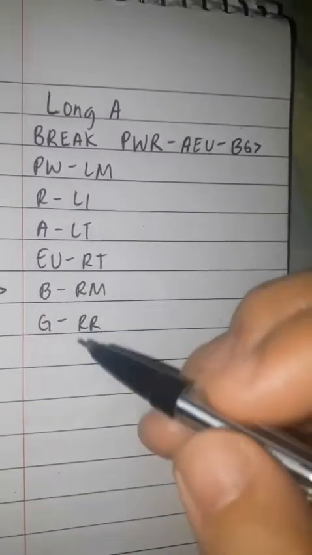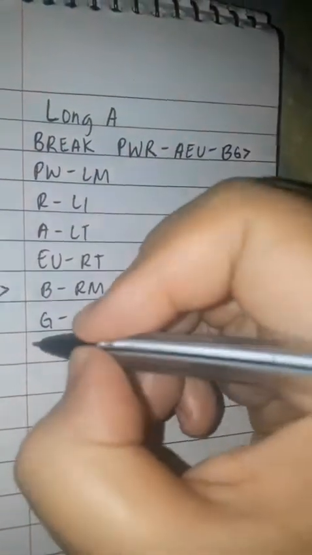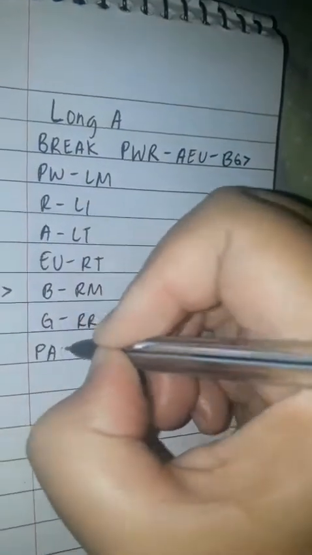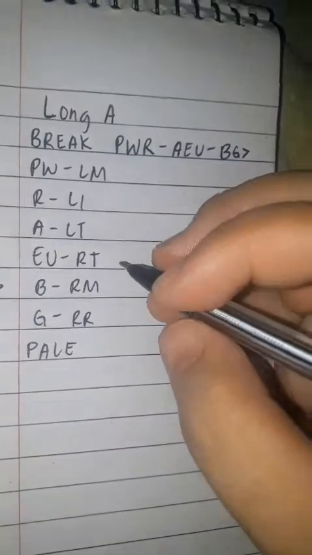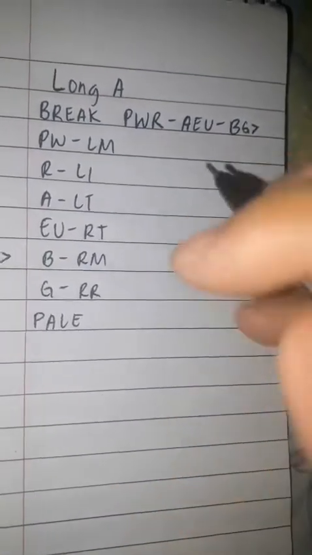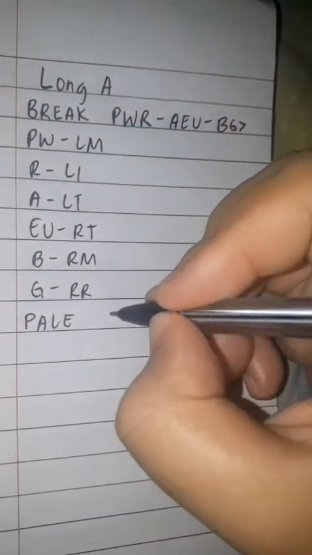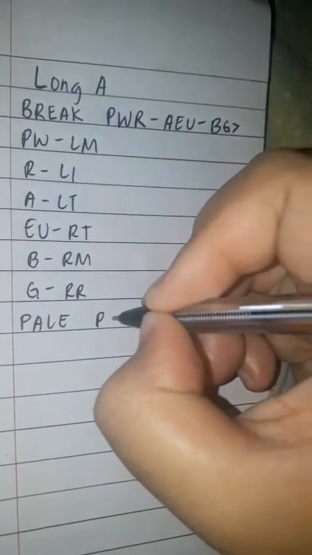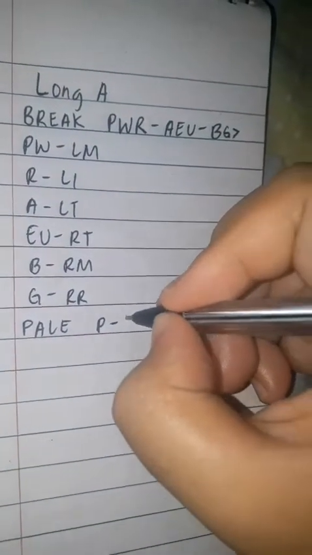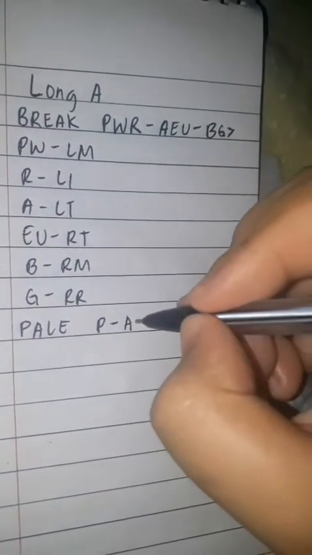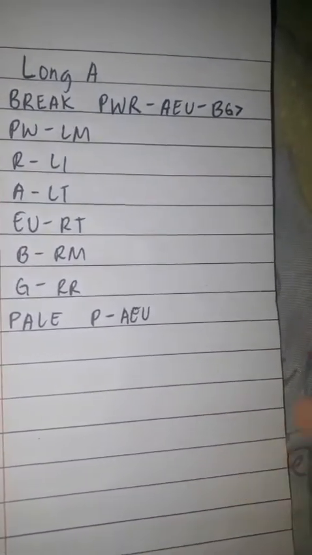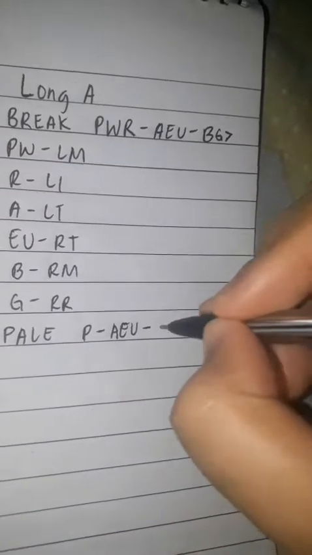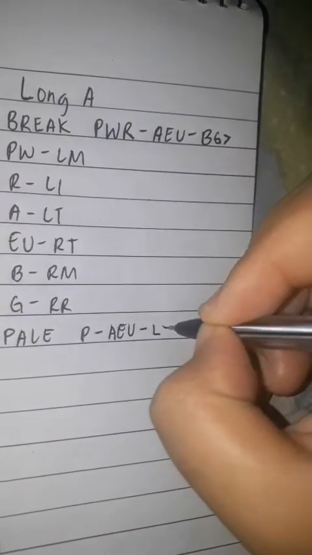So let's have another example. So we have the word pale. So the codes are initial letter P for P, vowel AEU for long A, and ending letter L, then release.